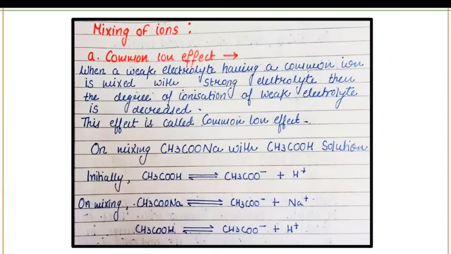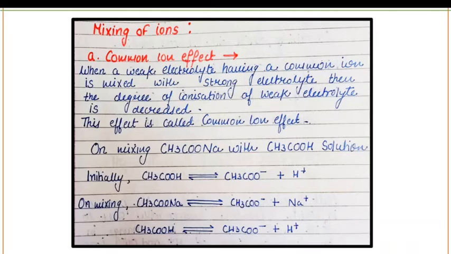Next we have the mixing of ions. When you talk about the mixing of ions, we have two different kinds of effect. Number one is the common ion effect, and second we have the odd ion effect. If we talk about the common ion effect, when a weak electrolyte having a common ion is mixed with a strong electrolyte, then the degree of ionization of the weak electrolyte decreases, and this kind of effect is known as the common ion effect.